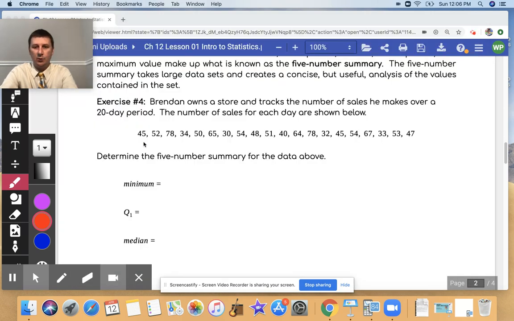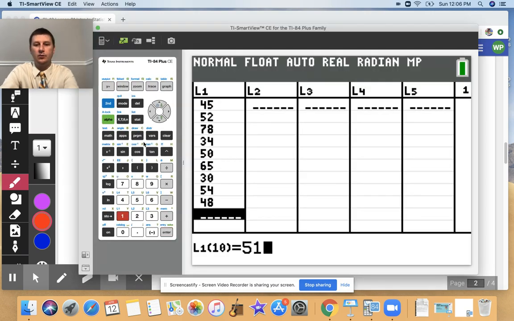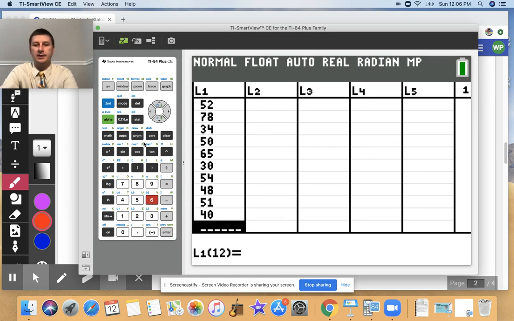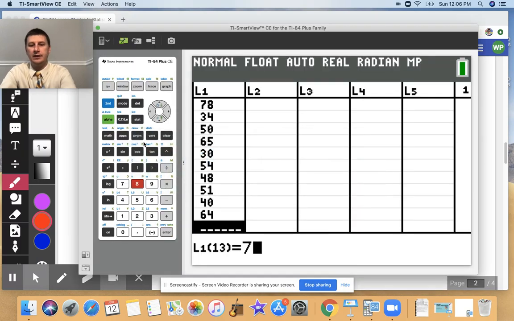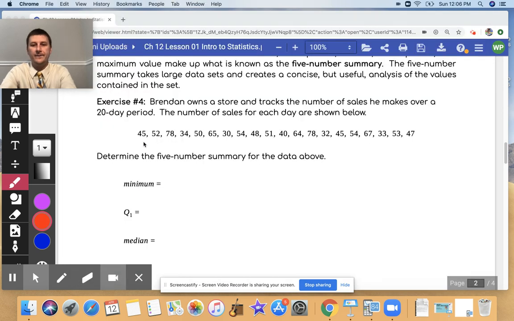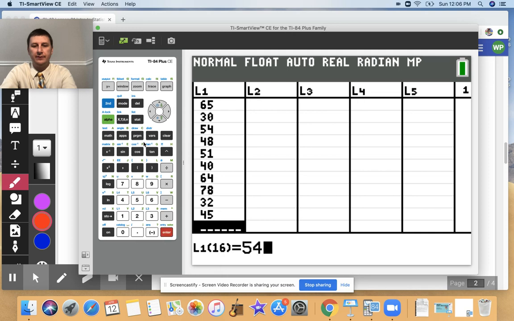I'm going to put in 51, 40, and 64. Then 78, 32, and 45. Then 54 and 67. Then 33, 53. I believe it said 47.